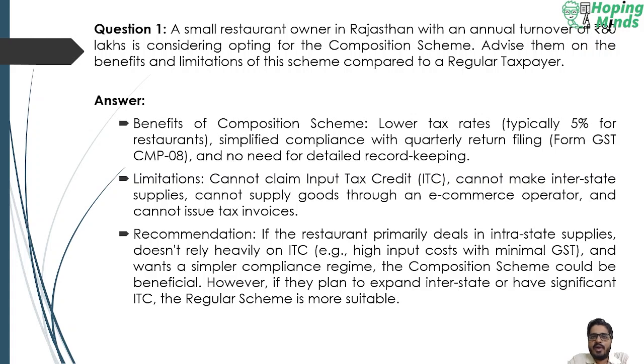Only one return, that is CMP-08, is to be filed, wherein the total turnover achieved during the relevant quarter has to be disclosed, and GST at the rate of 1%, 3% or 5% in case of restaurant is to be discharged. Also, an annual return, that is GSTR-4, is to be filed with the GST department by the composition dealers.